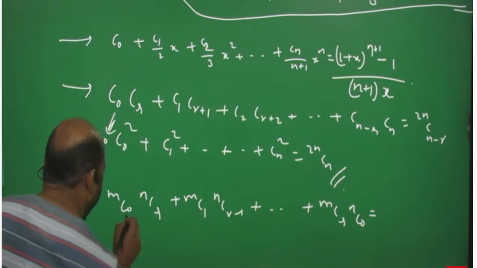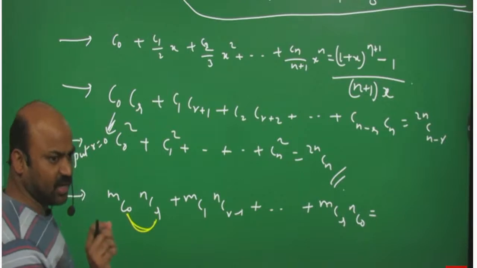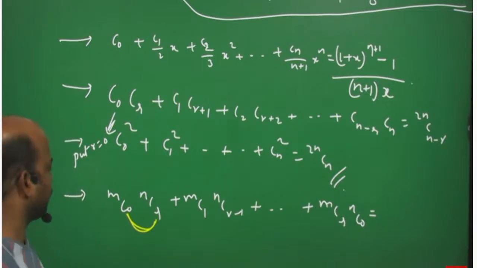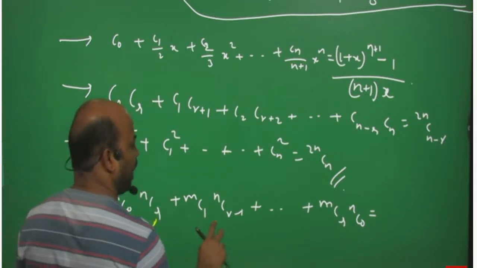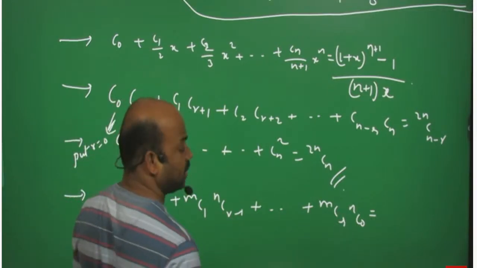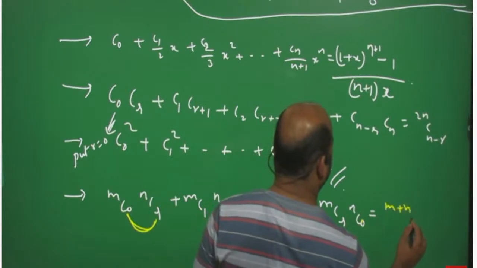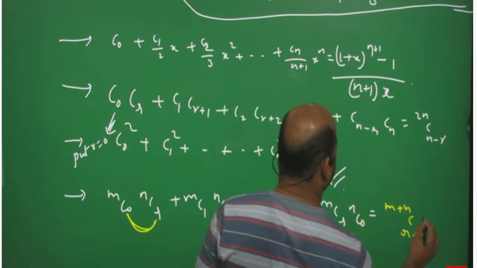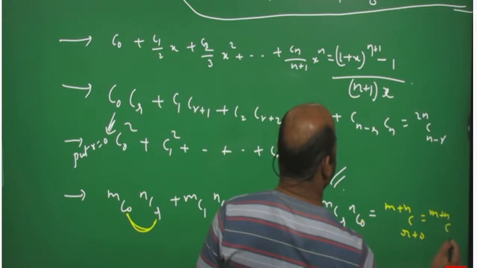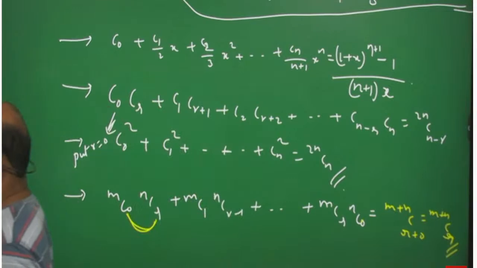When you add the suffixes, it is a constant: 0 plus r is r, 1 plus r minus 1 is r, r, r. Then the answer is, did you remember? Add above and below. I think all of you got it. (m plus n) Cr. Clear, my dear? A beautiful point, we forgot it. Clear?